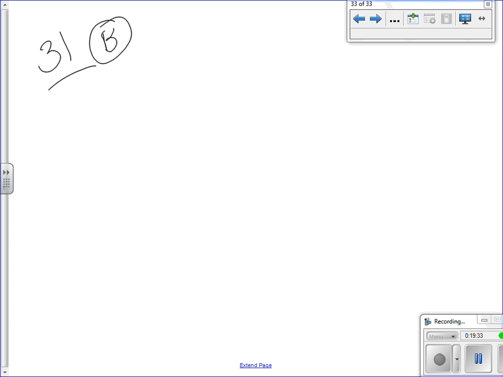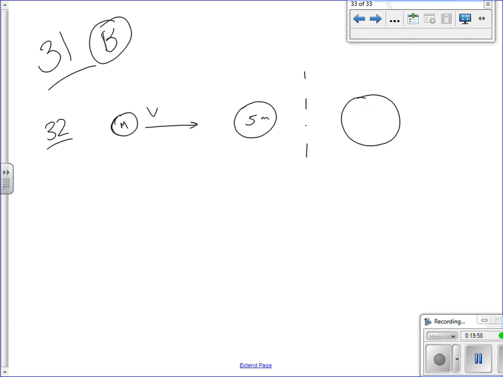32. Love this one too. Let's see. 1 kilogram moving this way at 2 meters per second. Let's just call it m, v. Hits what? 5M. They stick together. It's 6M, moving now at V over 6.